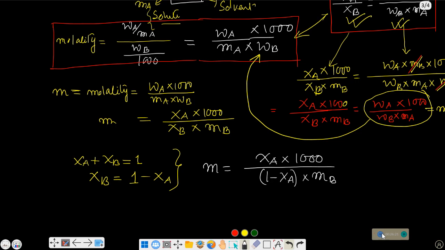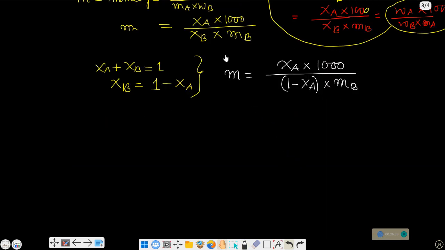So that is the relation between mole fraction and molality, okay?